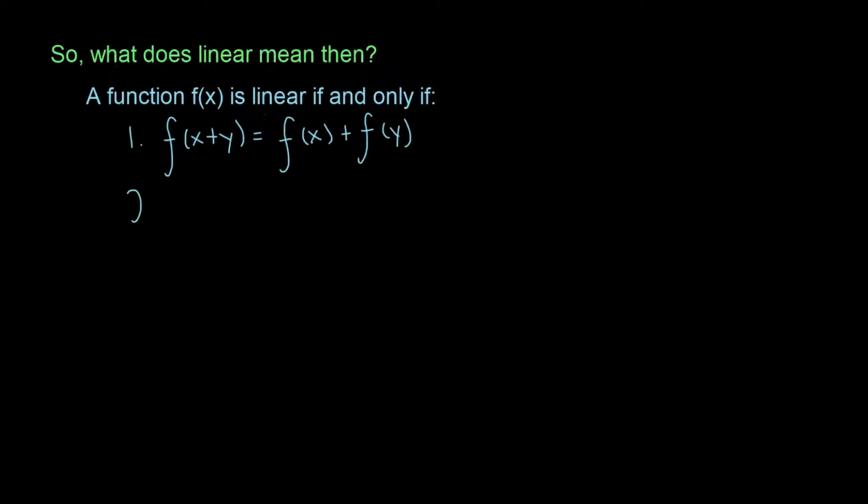The other property is, if we have f of a times x, where a is just some constant, so think of it as like 2 or 3, or it could even be something like pi, just some number, then this has to be equal to the constant on the outside of the function. And that's it. This linear algebra definition of linear just says if these two properties hold true for the function, then we have a linear function.